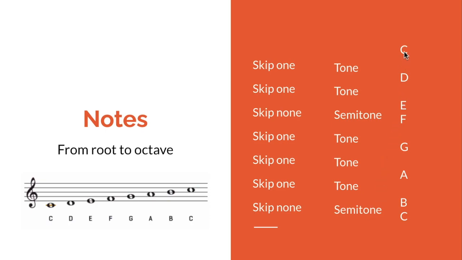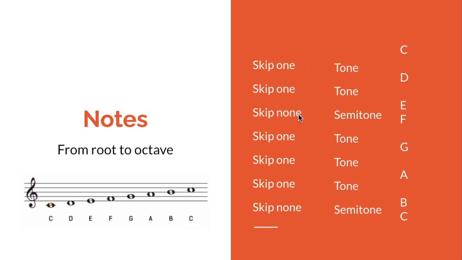Remember, if I start with any root note and play that pattern, that is the major scale corresponding to that root note. Over here, I've written another system which is particularly useful when you're using a digital audio workstation such as BandLab.